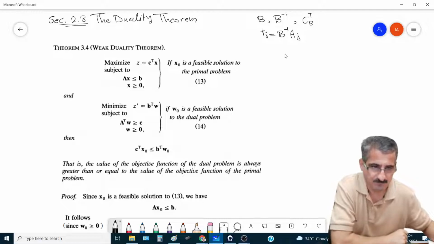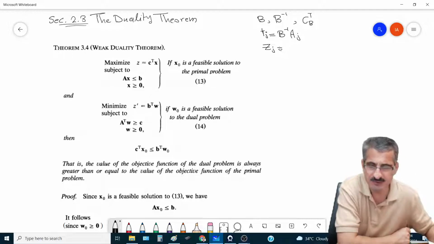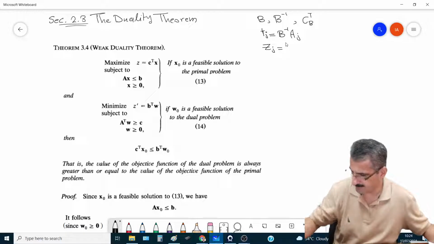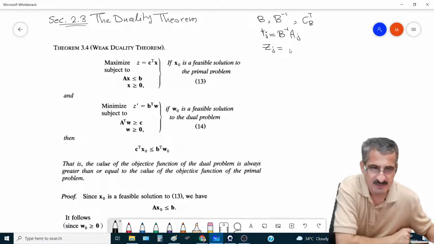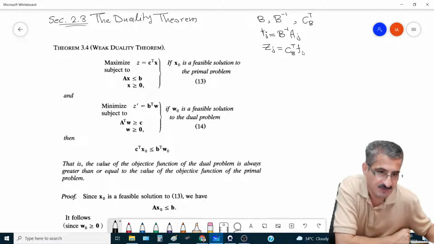Okay. And also we computed Z_j, and Z_j was B inverse, right? Z_j was C_B transpose times B inverse A_j minus C_j, right?